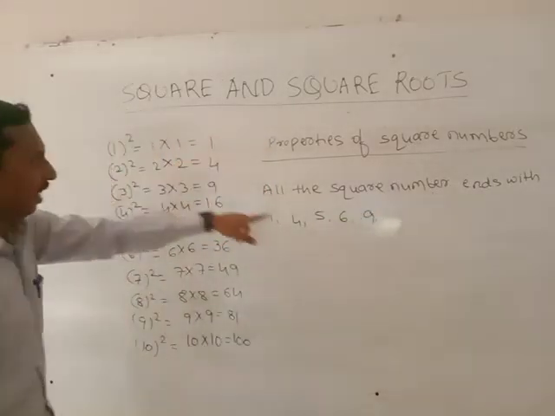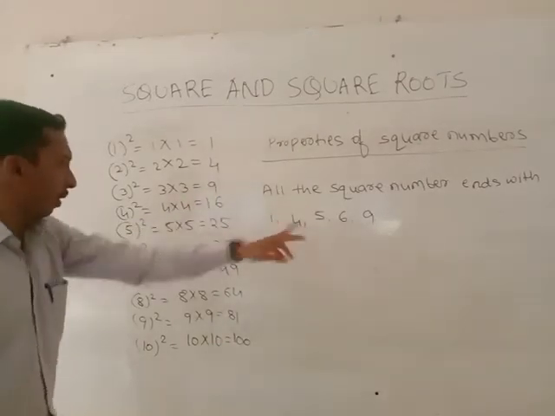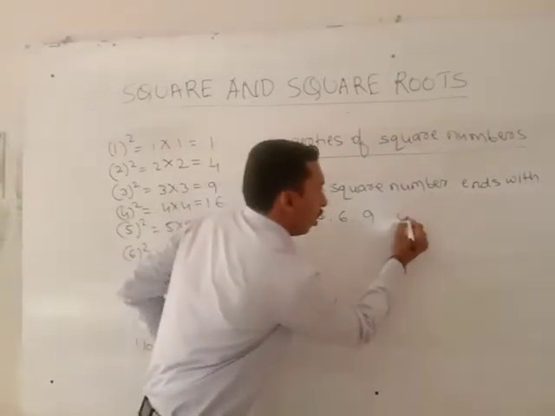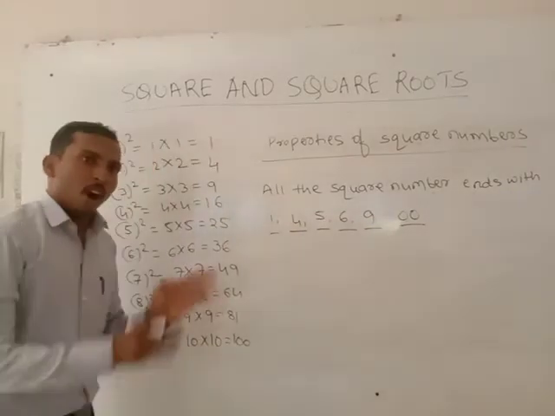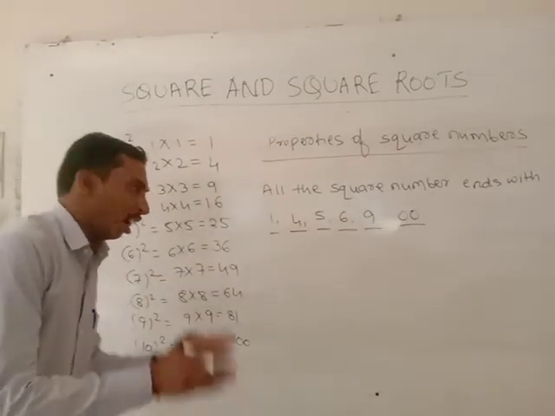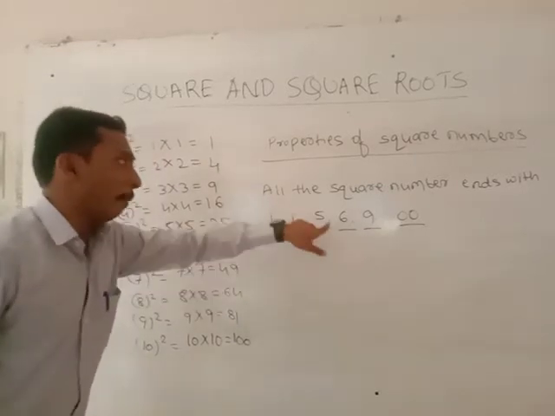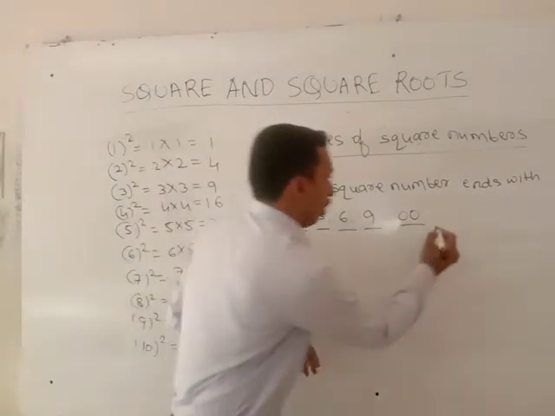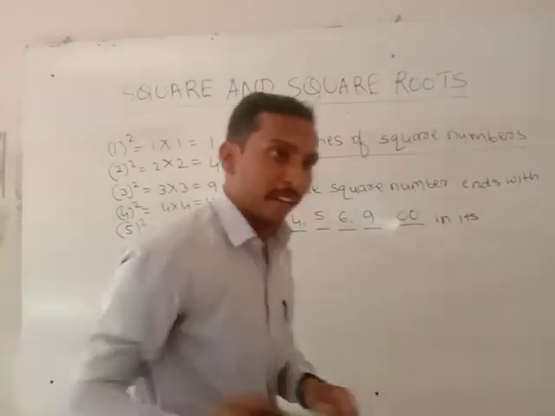Here 1 is there, 4 is there, 6 is there, 9 is also there, 5 is there. Again, what? Double 0. So just observe these things. All the square numbers have 1, 4, 5, 6, 9 or double 0 in the unit place, otherwise double 0 will not come in the unit place.